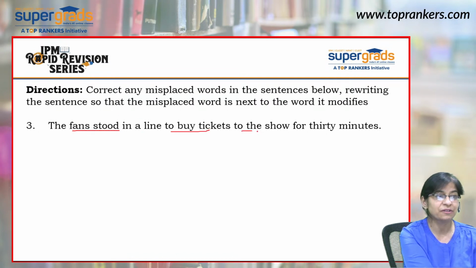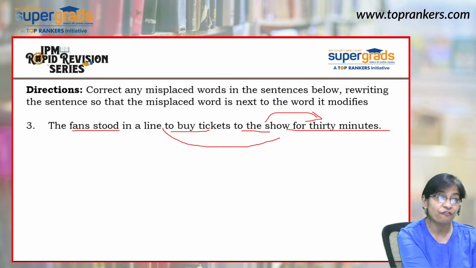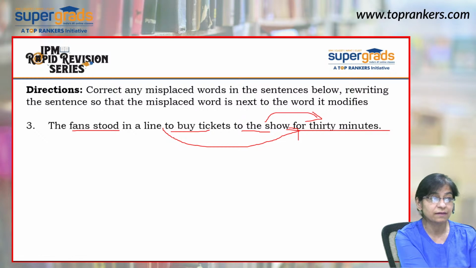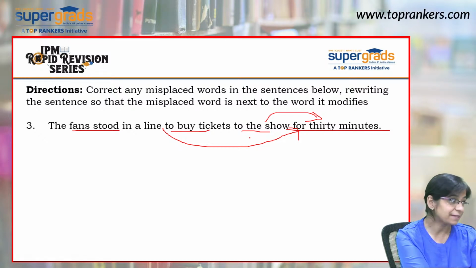Looks good to me. To the show, fine, for 30 minutes. Now, they stood in a line for 30 minutes to buy the tickets to the show, right? Makes sense? So, the fans stood in a line for 30 minutes to buy the tickets to the show, right? Yes, that's absolutely right. Very good.